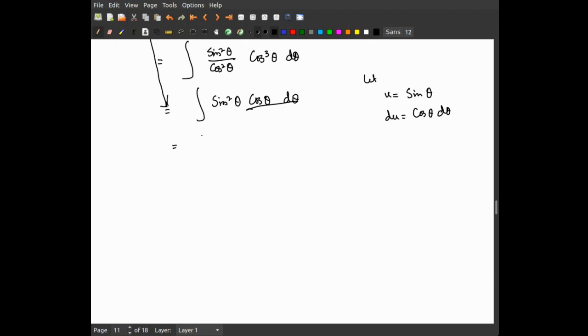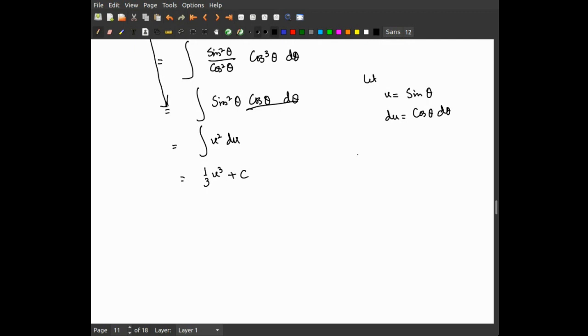If I plug it here, I can see this is u squared du. Very simple. So the answer is 1 over 3 u cube plus c. But we are not allowed to write our answer in u, or in theta. We have to write the answer in x.